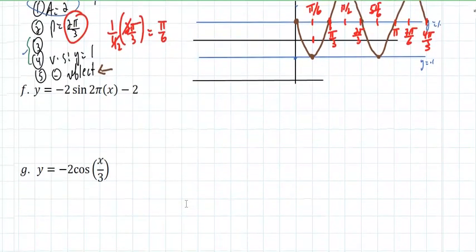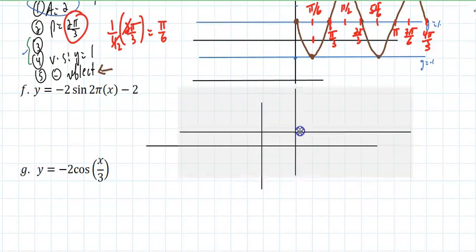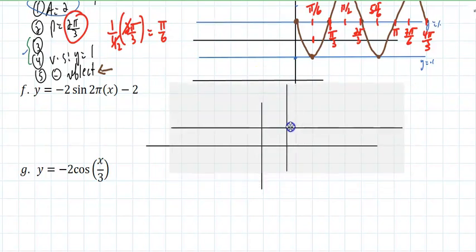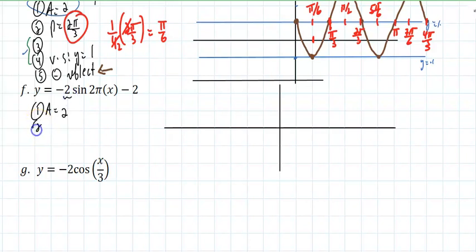How about the next problem? If I want to look at one, amplitude is 2. We have a period of 2 pi divided by 2 pi, which is 1.